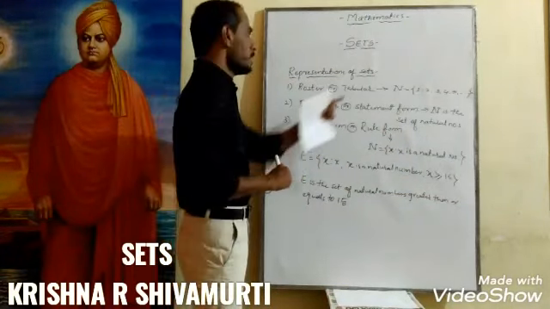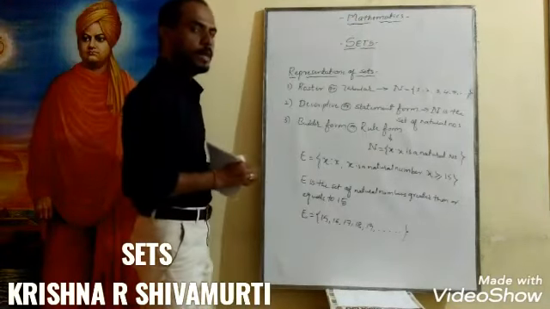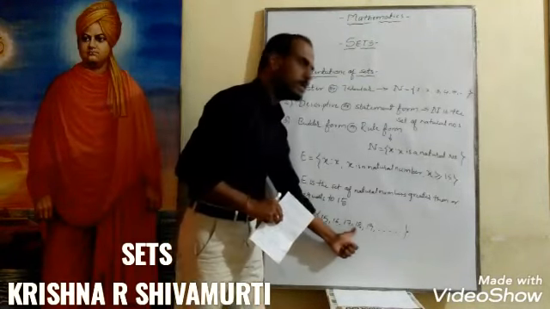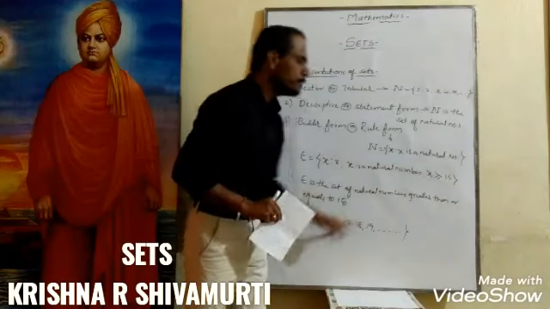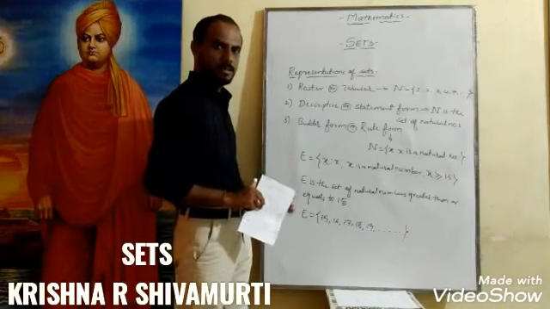In the roster form, set E is equal to {50, 51, 52, ...}. Whatever the members are in the set E, those are elements greater than or equal to 50. I hope you understood the three kinds of representation of sets.